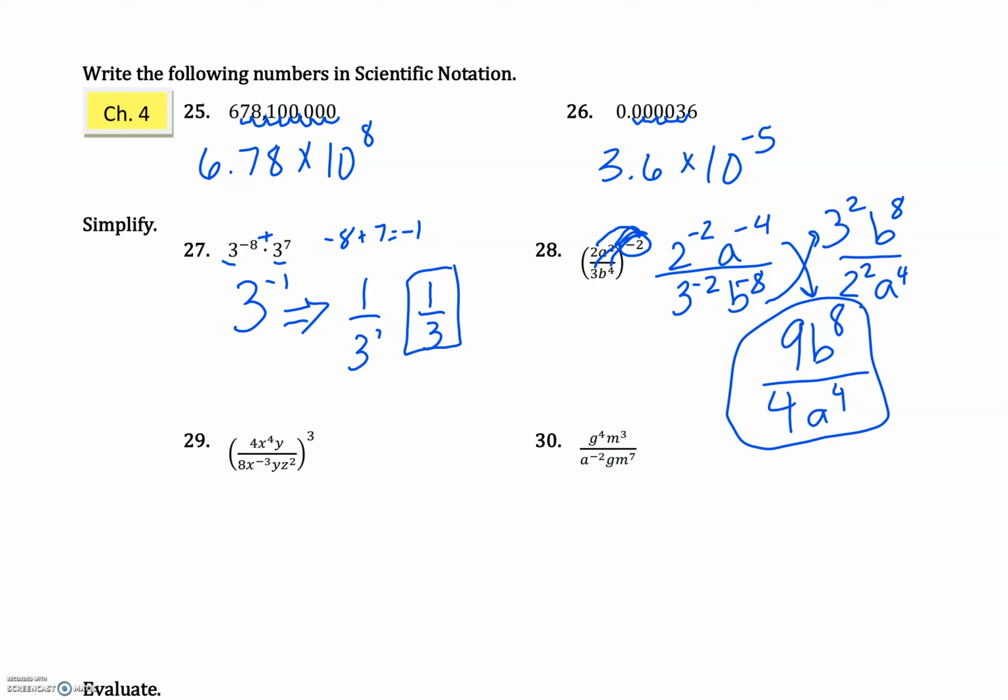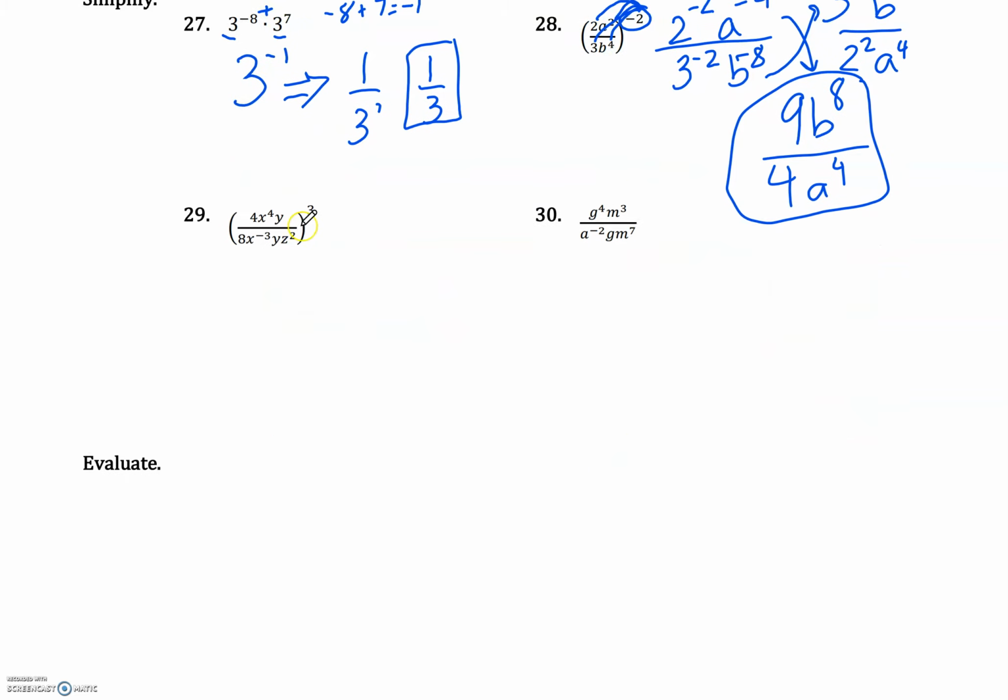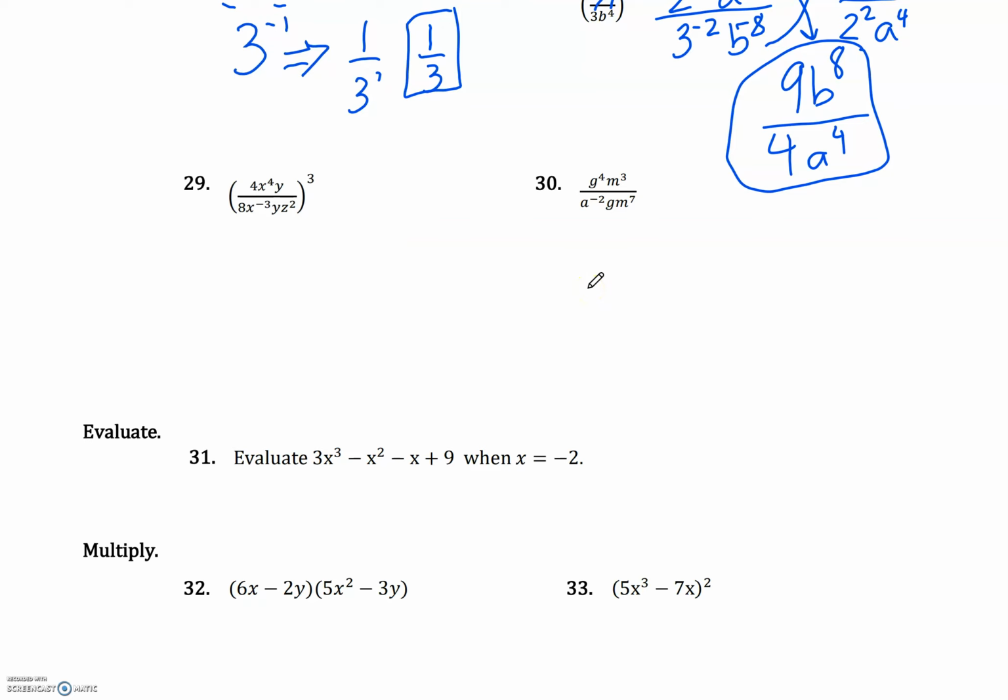All right, number 29, we look at this one. There's some things that we can simplify before bringing in the 3. I'm going to scroll down a little bit. Simplify what's already there. So just looking at the numbers, I'm going to split this up to numbers, x's, y's, and z's.